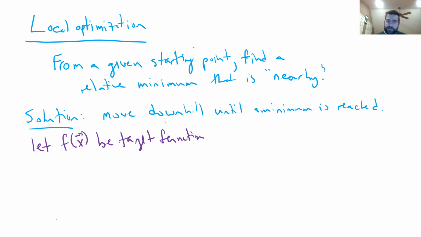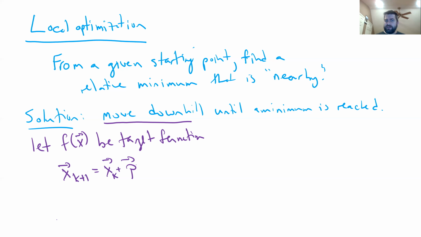What does it mean to say we move downhill? Well, we want to take some x, take a step, and find a new position. I'm going to call this x of k plus 1, which is x of k plus p. This means take a step.